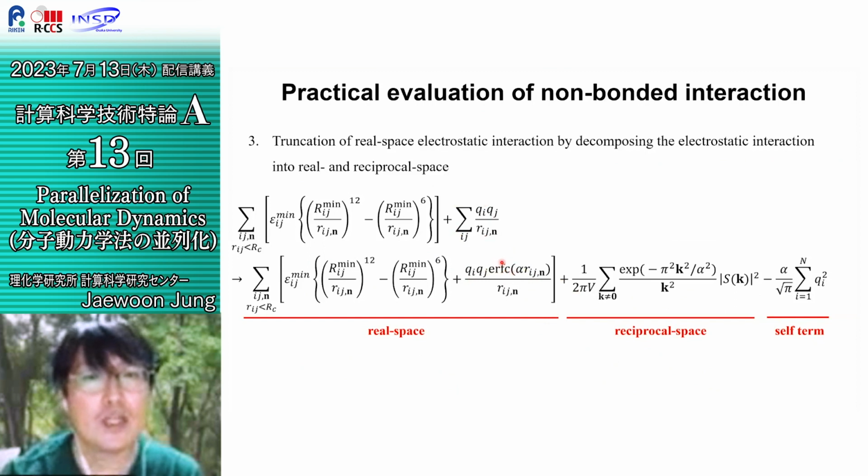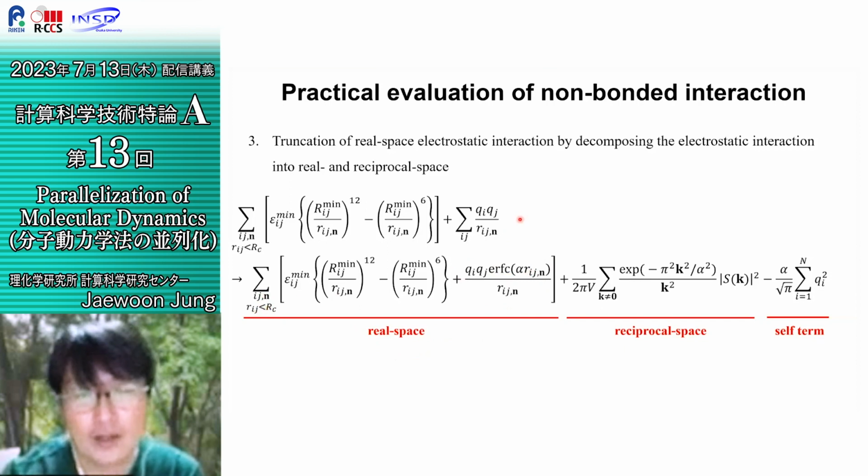Some of you may not know this function, but if you search on the internet, you will see what form it takes. If we evaluate the electrostatic interaction in this way, because this term also decays very rapidly, we can introduce the same kind of threshold value even for electrostatic interaction. So for all interactions, we can introduce threshold values, and it can greatly reduce the computational cost.